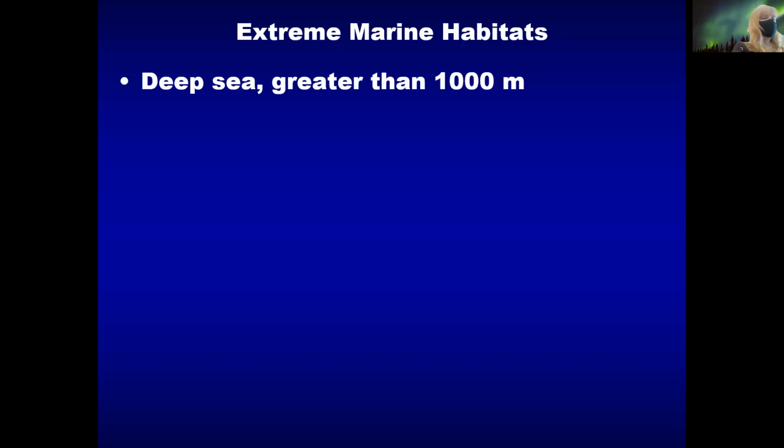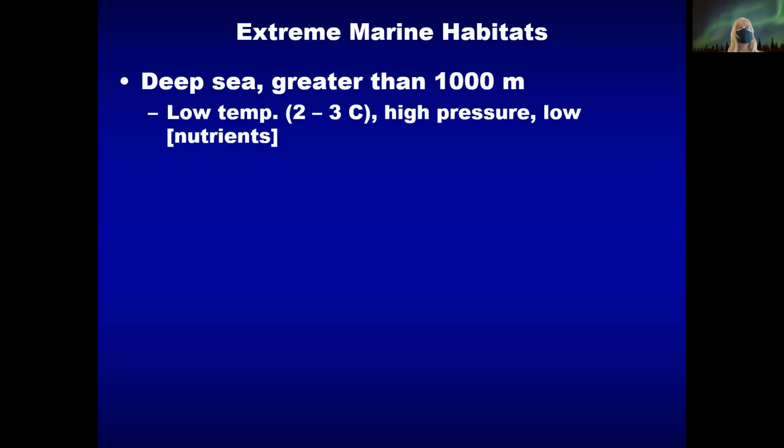So if we go deep down into the ocean, below 1,000 meters, typically is where they say it's deep sea. Well, it's very cold. If you've done any scuba diving, even here in the Great Lakes where we go just 100 feet or so, you can certainly tell the difference between the temperature deeper down versus the water surface here in Lake Superior.